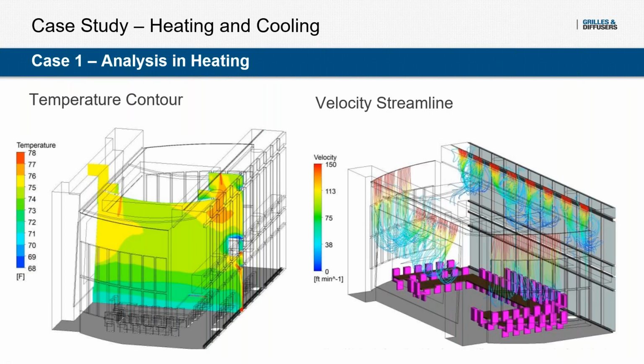Why were there so many cases? When we start to look at the velocity streamlines, we can see that we have some issue. The air isn't making it into the occupied zone. Because that air was so hot and so buoyant, it wasn't making it all the way down and conditioning that occupied zone. It was stopping short and then going back up into the returns.